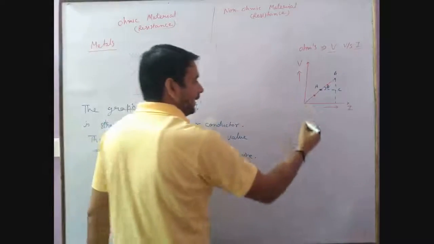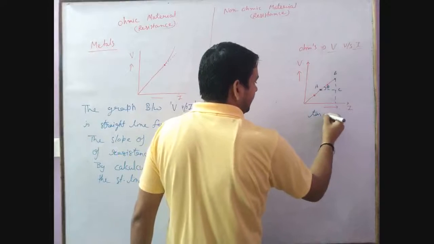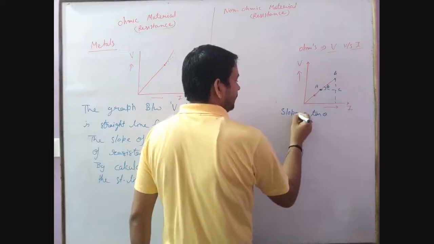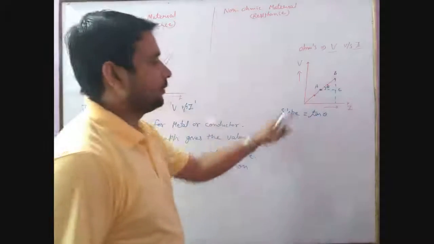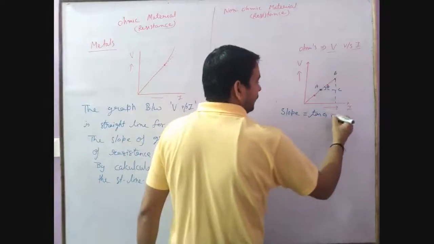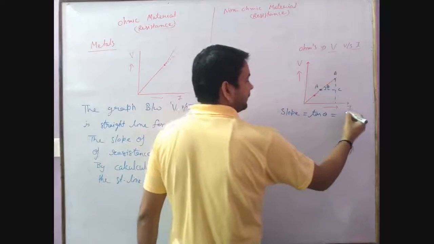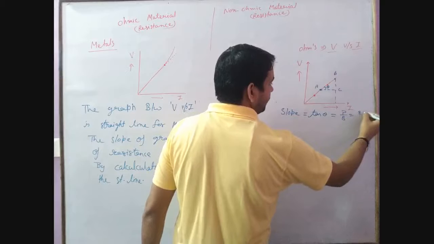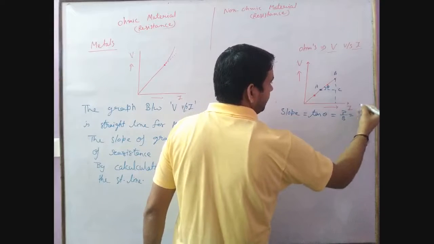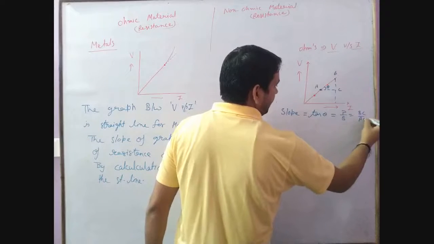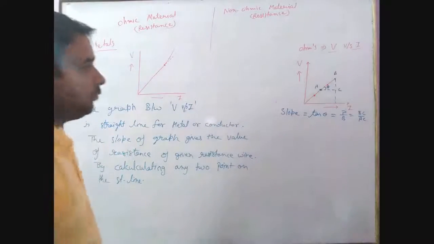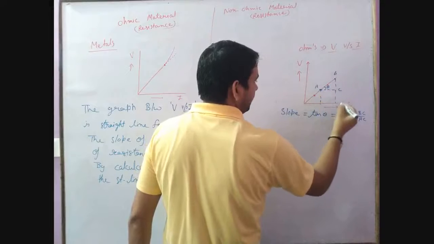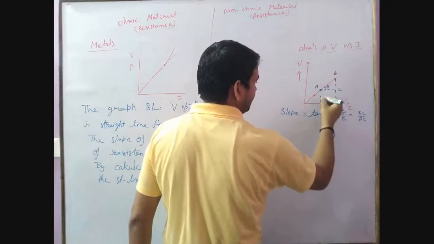Now we can calculate tan theta, which is the slope of this straight line inclined on the I-axis, and tan theta is perpendicular upon base, so the result is equal to BC upon AC.